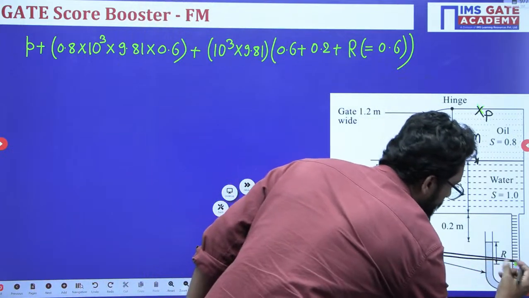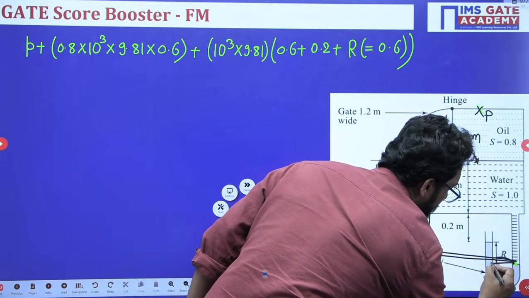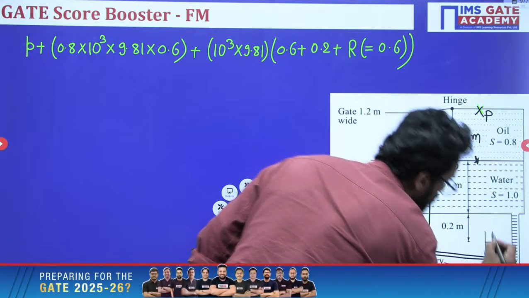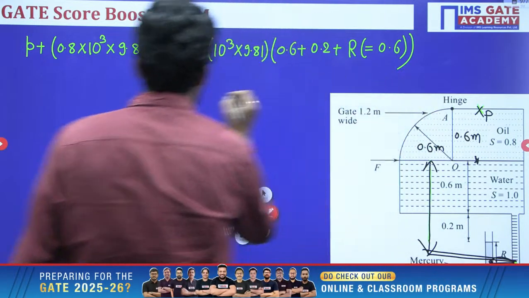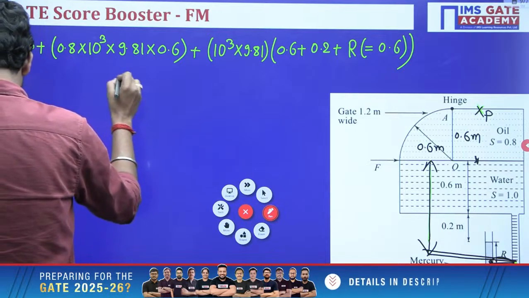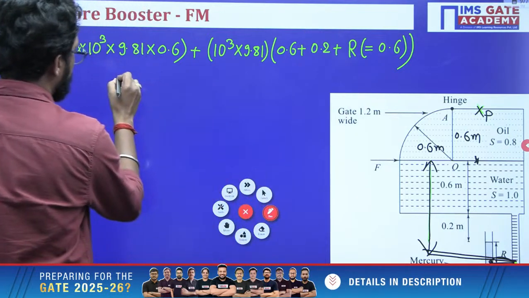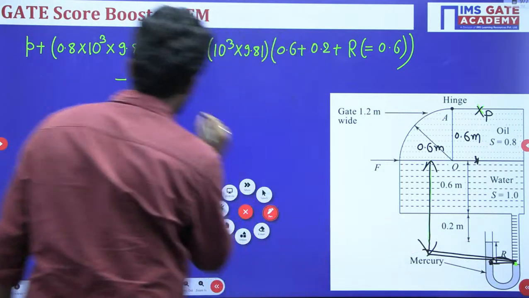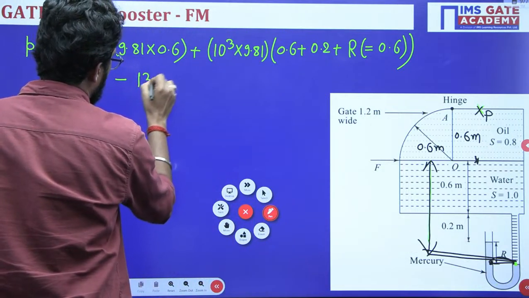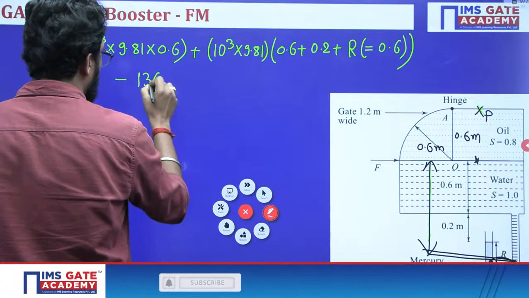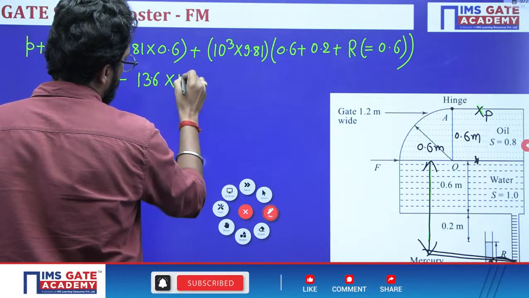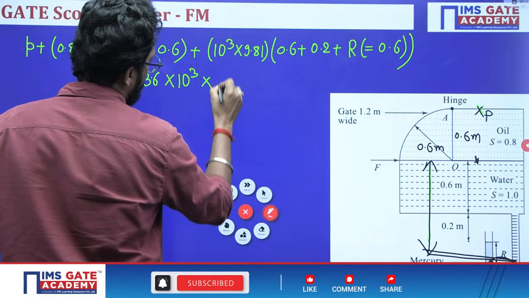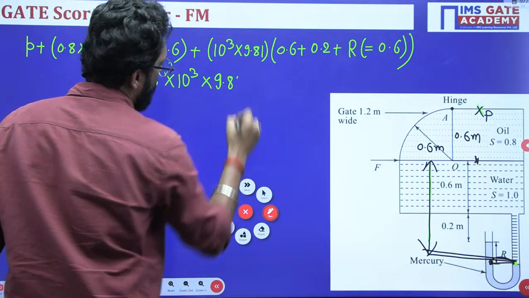Now you can jump here directly. Why? Because there is the same fluid. So you are here. Now move up, minus. In this one there is mercury, specific gravity 13.6, into 10 to the power 3, rho g, 9.81, and what is h?